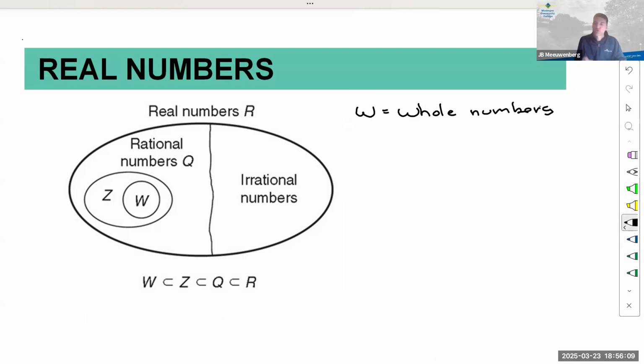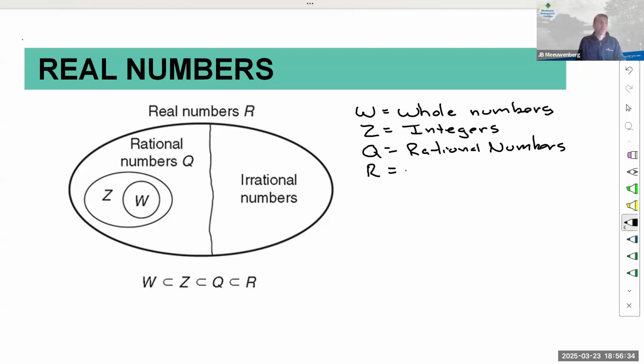We're going to describe that with the letter W. Then we talked about integers. After that, we talked about rational numbers. And then we introduced the irrational numbers. We're not using a capital letter for those. And now we're going to put them all together into a group or a set called the real numbers.